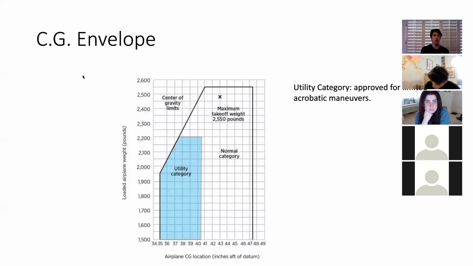The important thing is we're going to have an envelope given to us. Again, this is going to be given by the pilot operating handbook. Basically, for any given CG and weight, it's going to tell you whether your aircraft is good to fly. So again, you have this wide envelope.